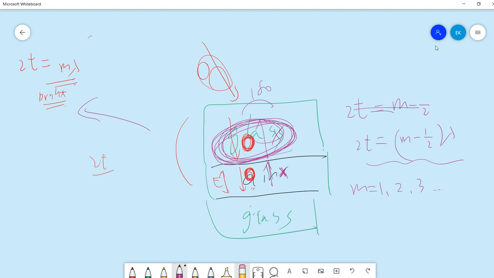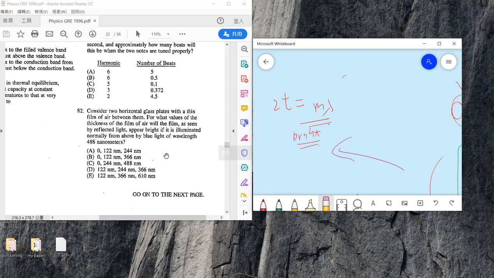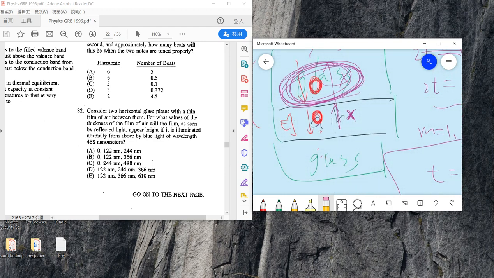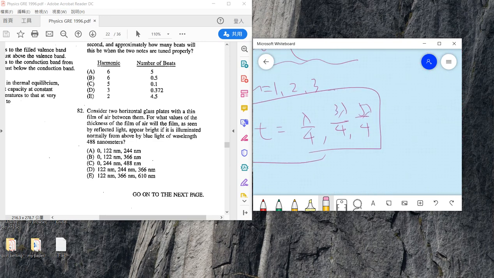Okay, so for the lowest ones, basically t is lambda over 4, 3 lambda over 4 and 5 lambda over 4. So this is the answer. So be sure to remember to check the phase difference. Okay, so the answer is E. The answer is E.